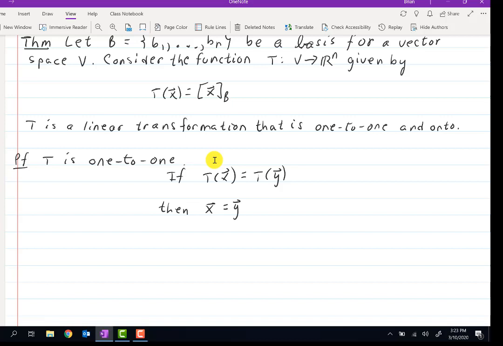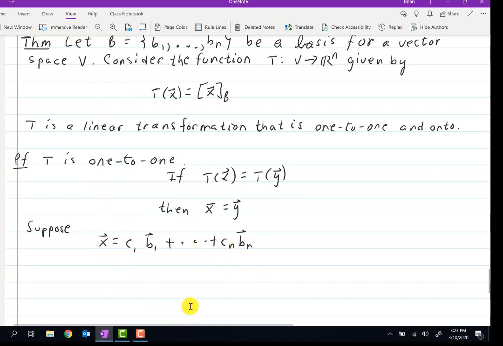So what we're going to do is suppose that x equals c1 b1 plus dot dot dot plus cn bn. Remember the b vectors b1 through bn do form a basis, so this is possible to do for any x in the vector space.